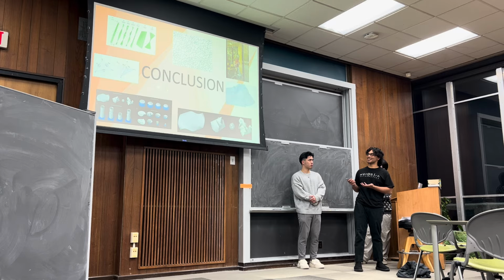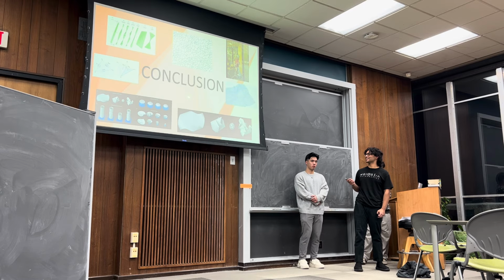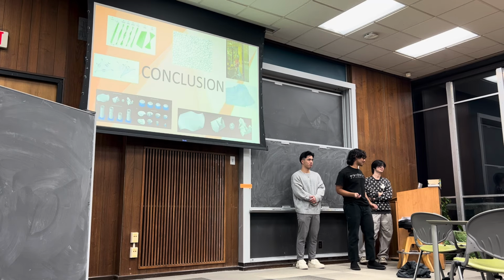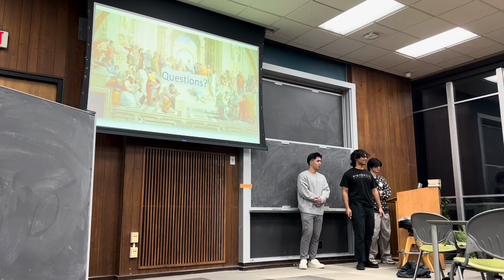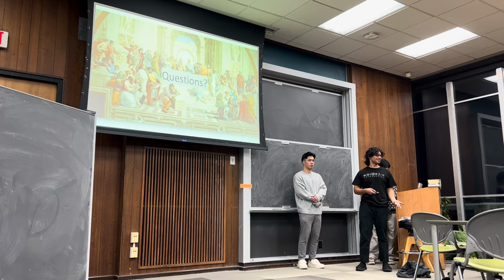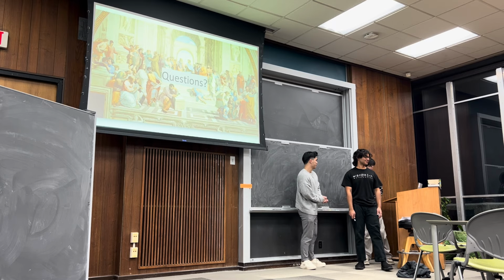These thin sheets will be used everywhere and are being used everywhere. If you are more interested, you can come talk to one of us after the talk, or our graduate student mentor. We also have a section for questions if anyone has any. The floor is open.